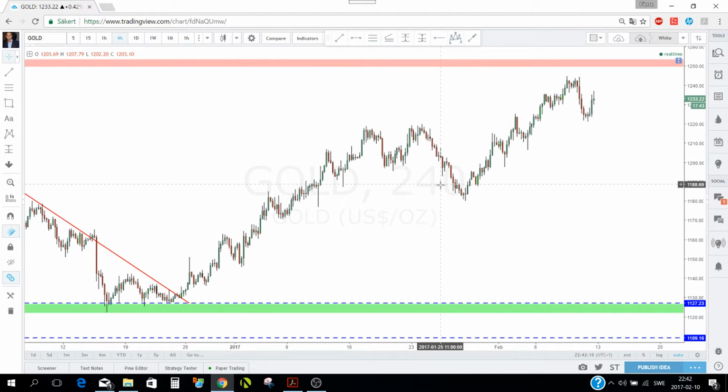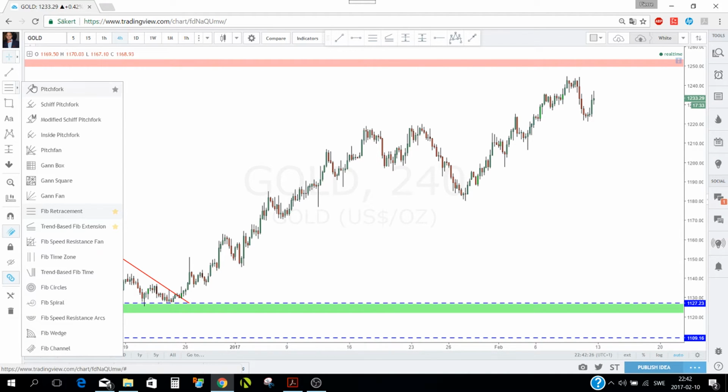So the tool itself, I can show you where to find it in TradingView, and you have it in the toolbox on the left here. If you open this toolbox, you will see you have many tools here, and the Fibonacci retracement tool is one of them. I clicked on the star on this one to have it in my favorite tools up here, because I use it a lot.